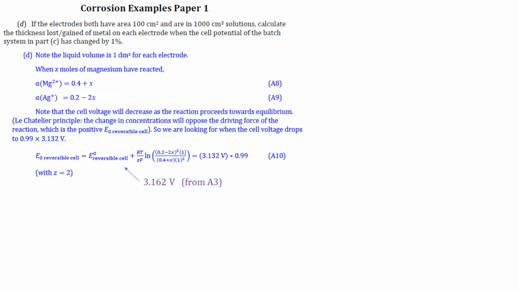The driving force for the process is the positive reversible cell potential difference, the electromotive force it is providing. So of course this decreases from 3.132 volts down to just 99% of that. So that's what will happen spontaneously. That's why we're looking for an amount of magnesium dissolving and silver plating out.